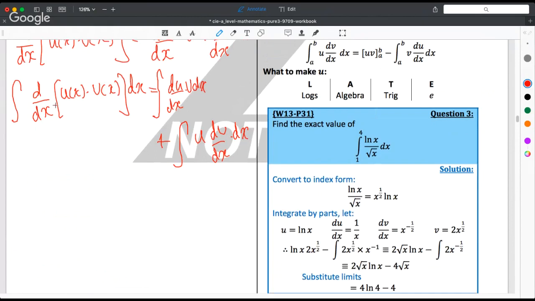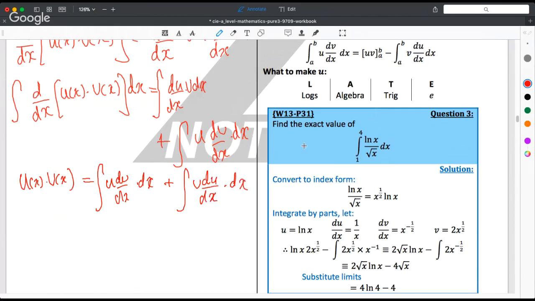Okay, so we're integrating something which is a derivative, and because integration is defined via the fundamental theorem of calculus, integration is the opposite of differentiation. So if we integrate a derivative, we're just going to end up with the thing we started with. So we get u of x times v of x, and that equals the integral of u dv by dx times dx plus the integral of v du by dx.